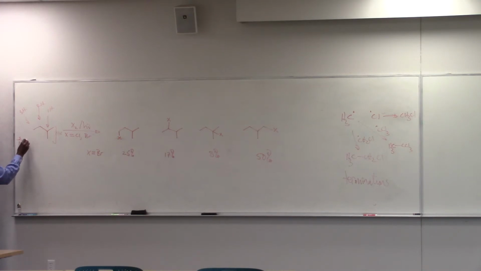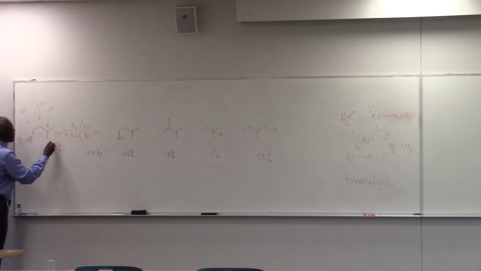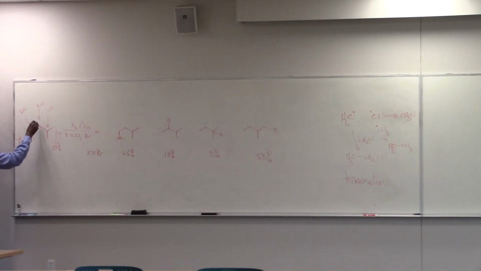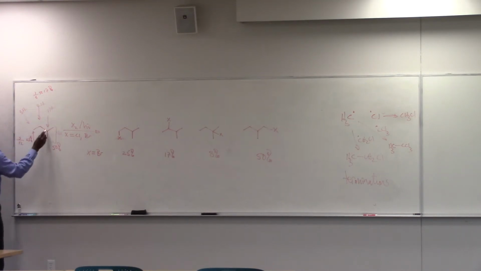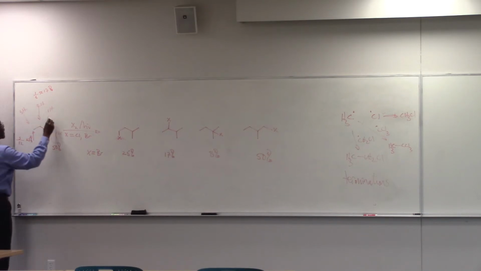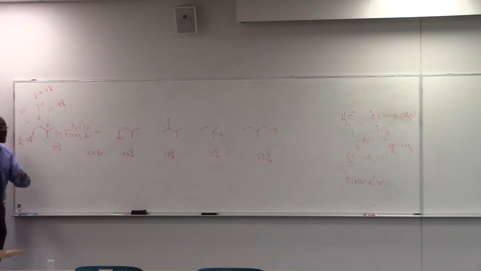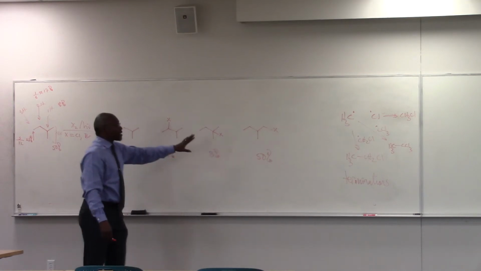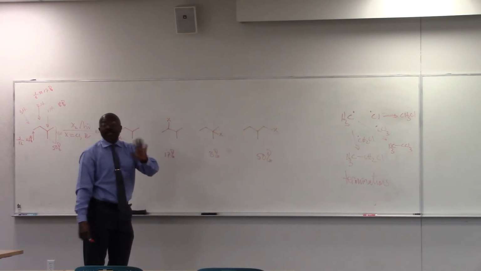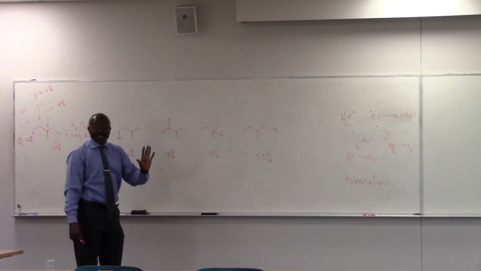In other words, that's 25% of my product here. And since it's twice that number, I should get 50% of my product on those methylenes. I've got 2 of the 12, so that's 1 over 6, which is about 17%. And then I've got 1 of 12, which is about half of that, about 8%. So what I would expect to see, and which is roughly what I see, is a statistical distribution of my products based upon the number of available H's at each site.